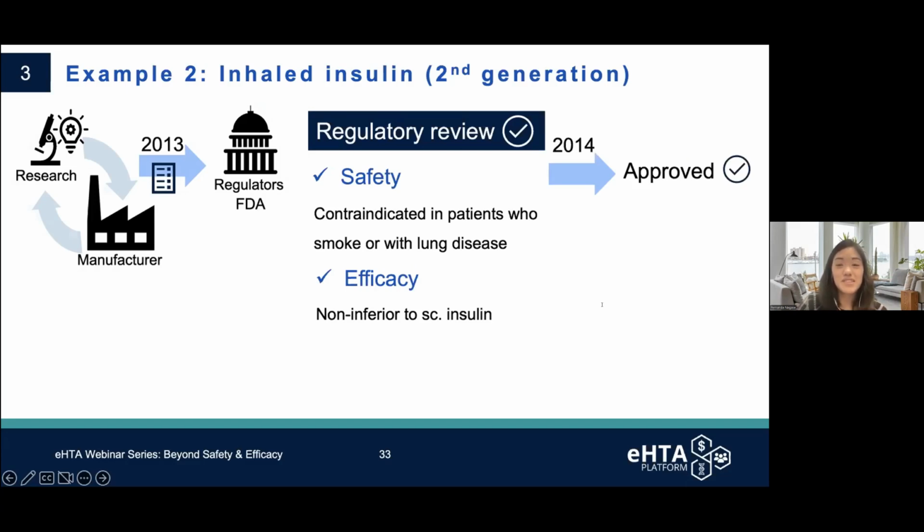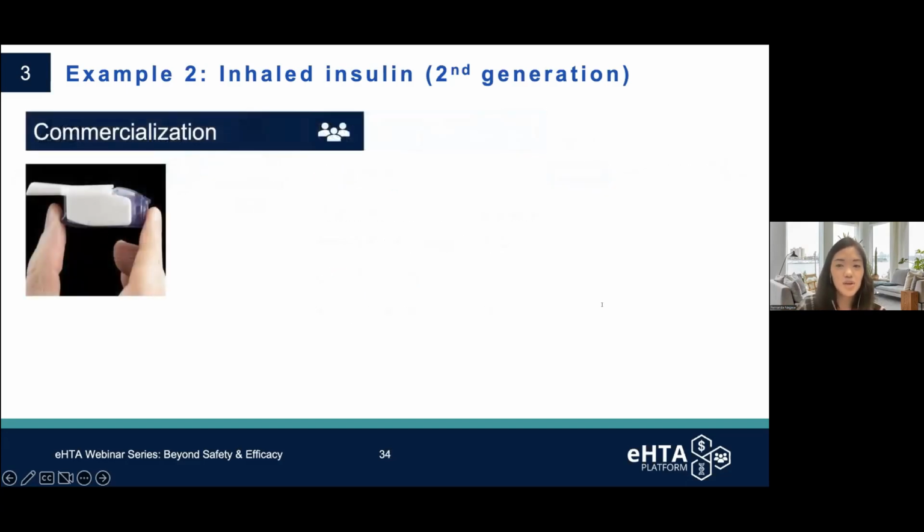And thanks to that, around the same year, Mankind was able to get into an agreement with a big pharmaceutical company, Sanofi, who then was responsible to take over manufacturing and marketing for the product. So what happened with Afrezza? So this is Afrezza. It's actually the only inhaled insulin on the market right now.